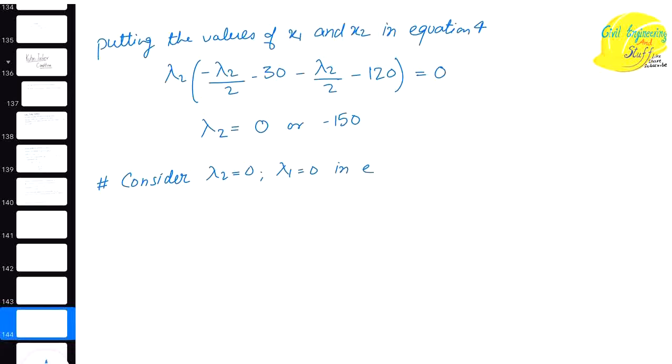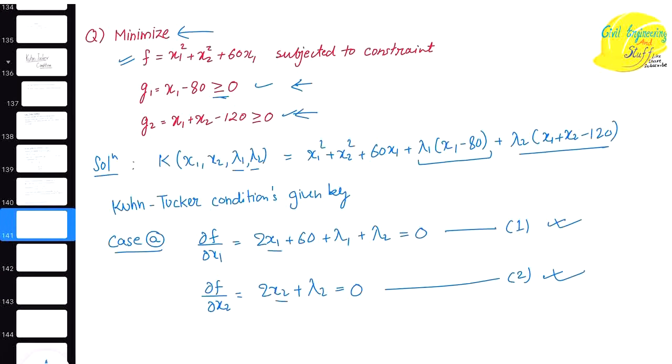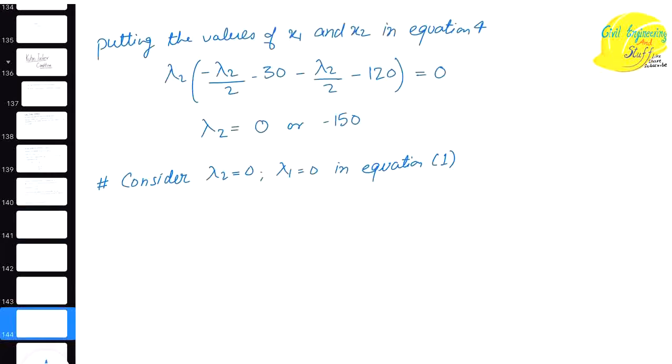In equation 1, the equation number 1 is 2x1 plus 60 plus lambda 1 plus lambda 2, right? Lambda 1 is 0, lambda 2 is also 0. So through this our value of x1 will be minus 30, and here the value of x2 will be 0.